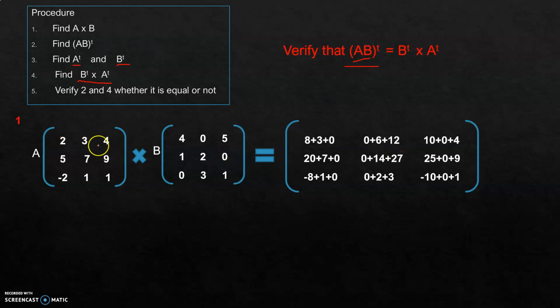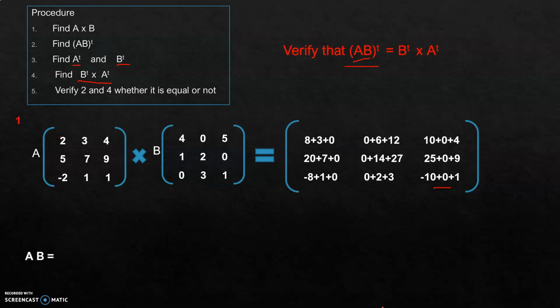Then the first row with the last column: 2 into 5, 10, 3 into 0, 0, then 4 into 1, 4. Just like all the other entries. The last one means the last row with the last column: minus 2 into 5, minus 10, 1 into 0, 0, 1 into 1, 1.